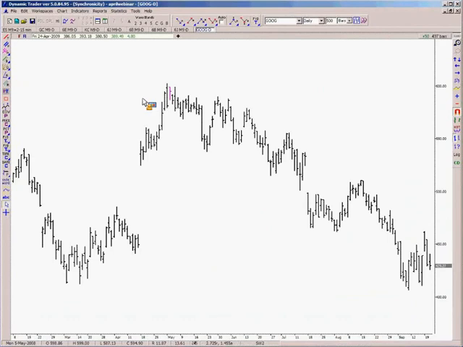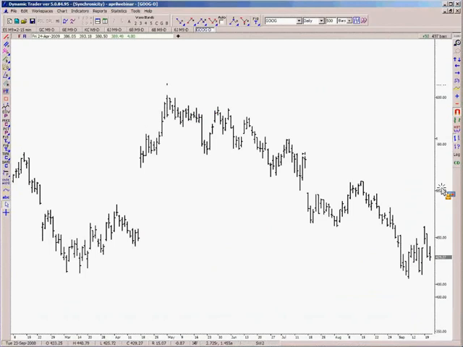If you're looking at this pattern in Google on the daily chart, you can see a nice pattern of lower lows and lower highs. Can you see my mouse this time? Okay, good. So that's the bearish pattern.